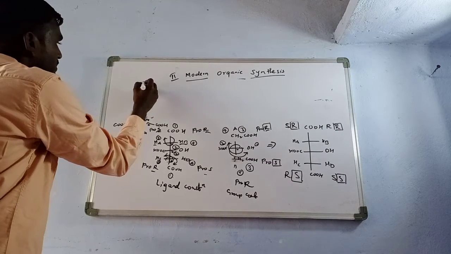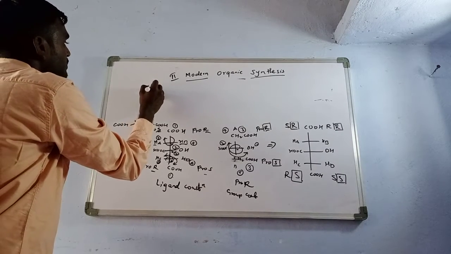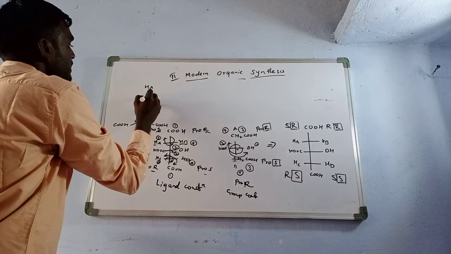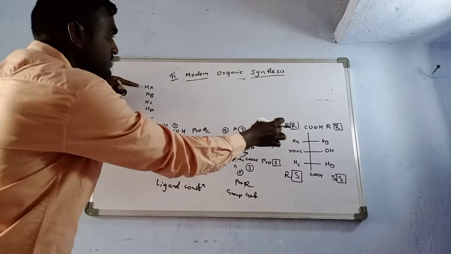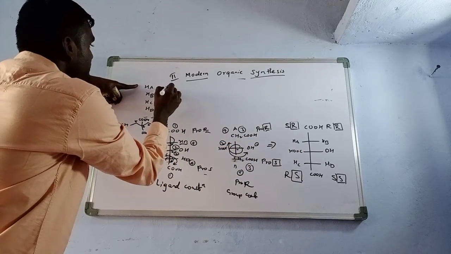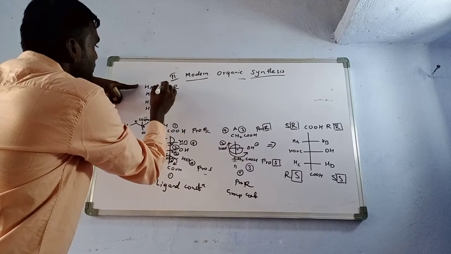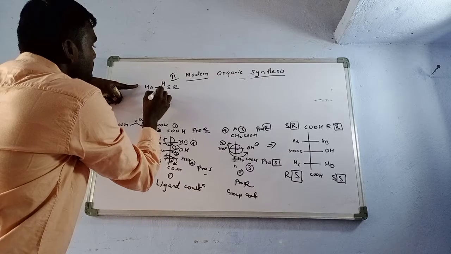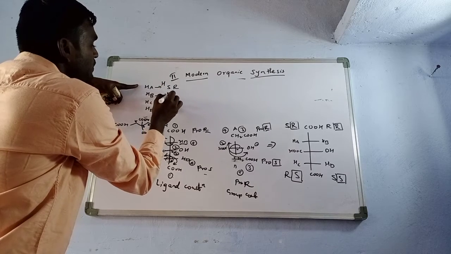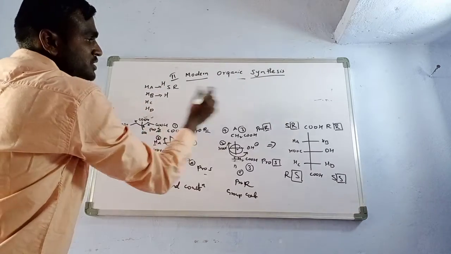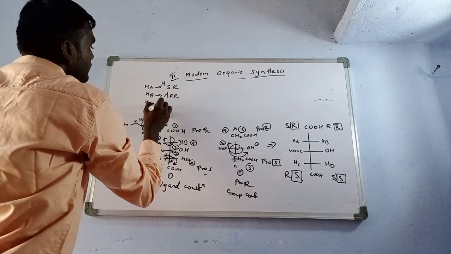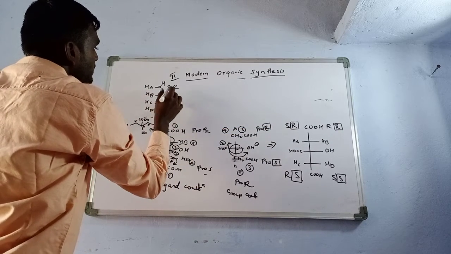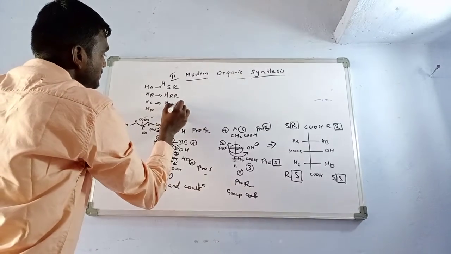Okay, taking the HA, HB, HC and HD molecules. For the HA molecule, what is the configuration? That is SR. Okay, that means SR. And for the HB molecule, this is the HB, right? That is RR. For HC, that is RS.